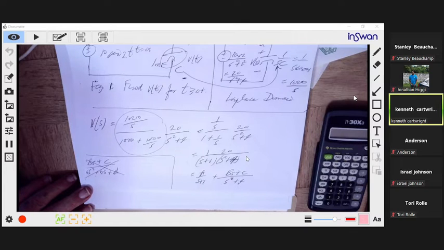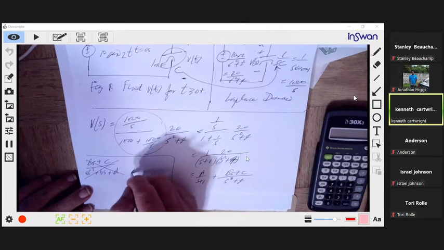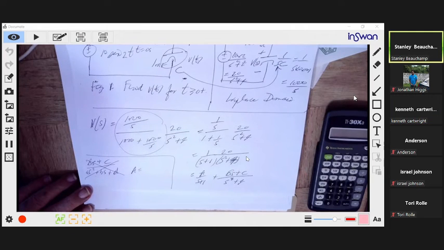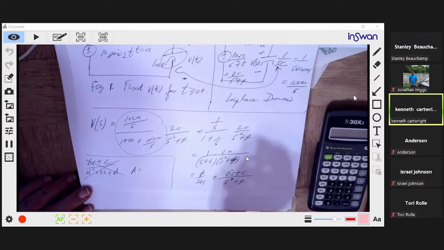And now, what's the value of A? A will be 20 over S squared plus 4, evaluated at S equal to negative 1.